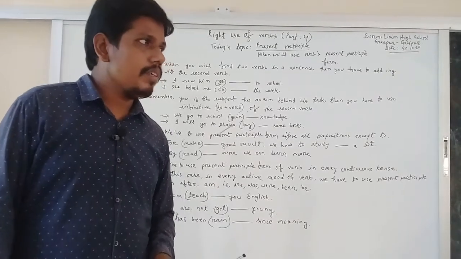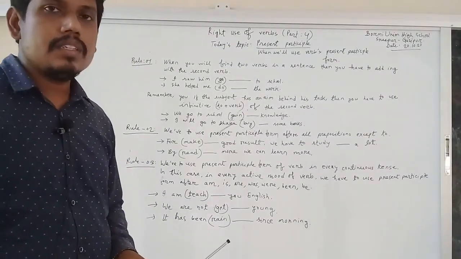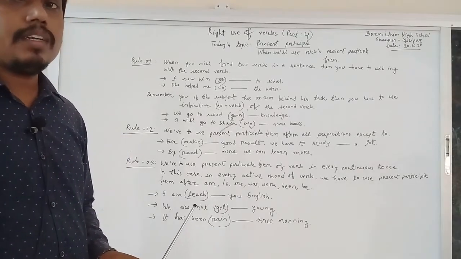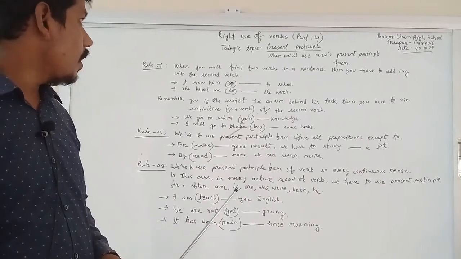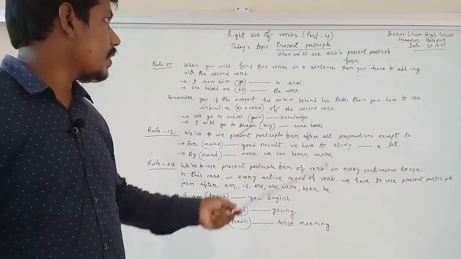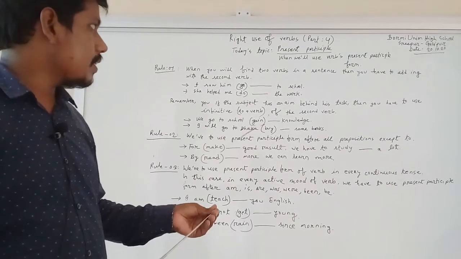And you know, in my previous classes, I discussed right use of verbs, part 1, part 2 and part 3. Today I will discuss part 4 and today's topic: present participle, and when we will use present participle form of verb.